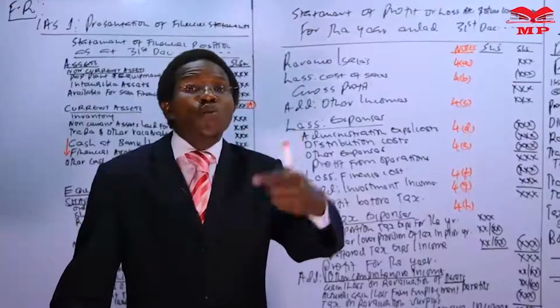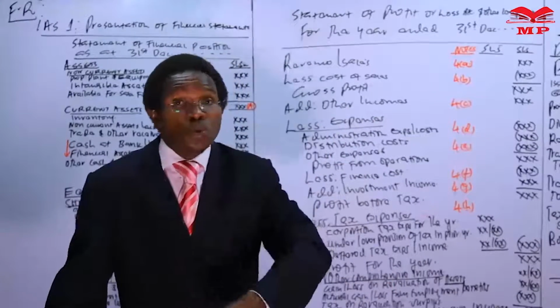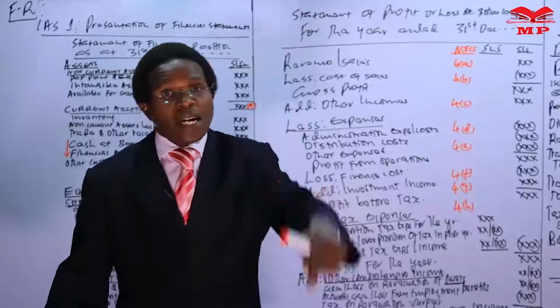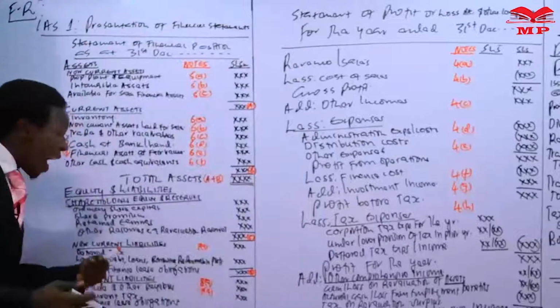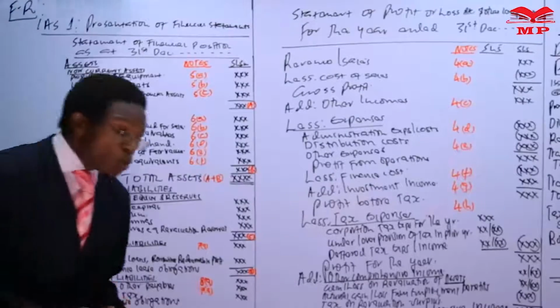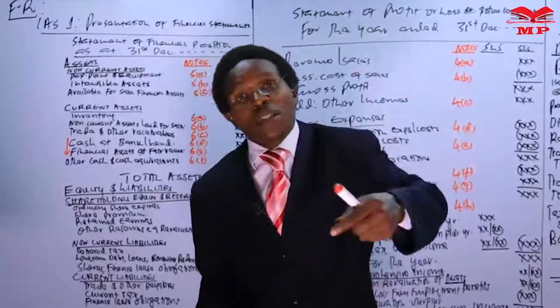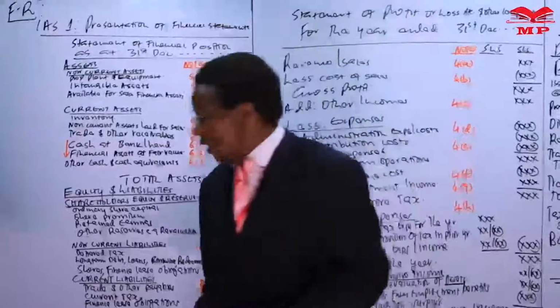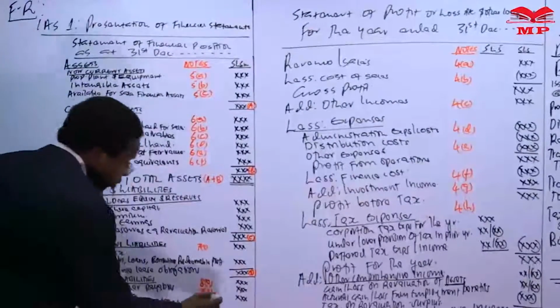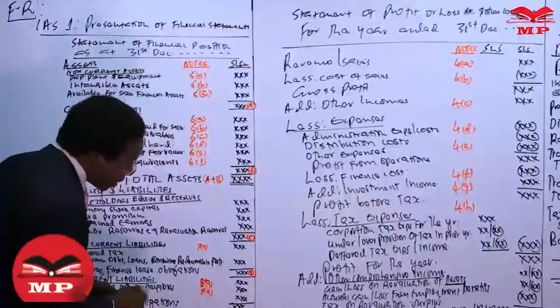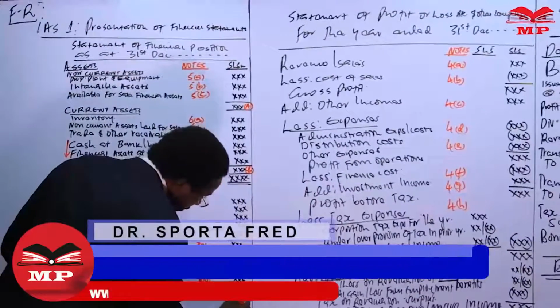The amount due within the next 12 months is a current liability. So any other amount that is due within the 12 months or within the next 12 months will be a current liability. That's very important to remember. So you have this, and this will be item E. Let me call that item E.